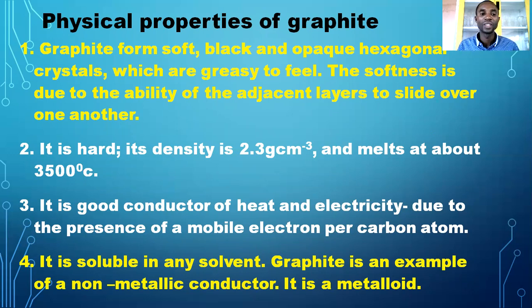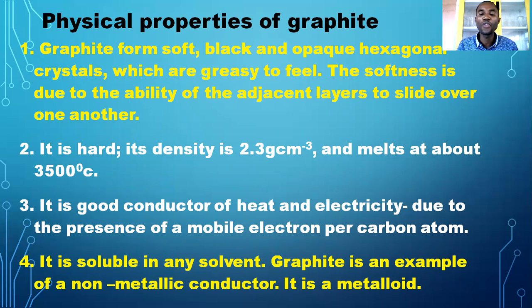It is still hard, but the density is not as high as that of the diamond. The density is 2.3 grams per cm cube and it melts at about 3,500 degrees Celsius, while that of the diamond is 3,600. So this one is lower than that of the diamond.